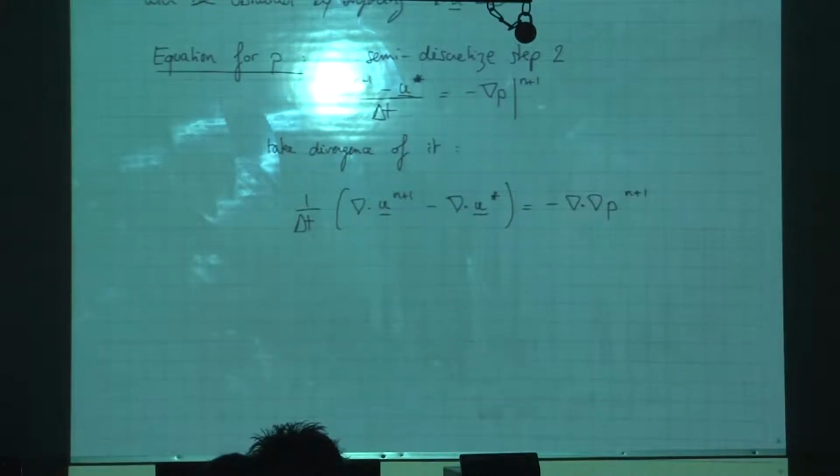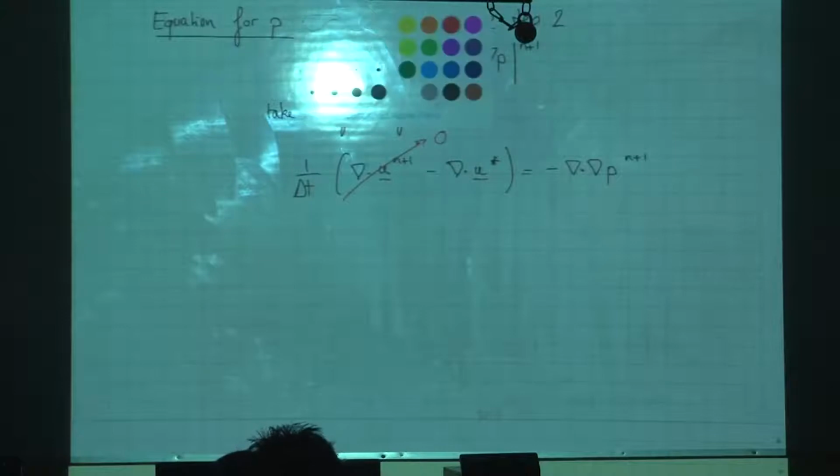All right. Now remember, we want the divergence of un plus 1 to be 0. So we'll explicitly set this to 0. What does it give us?